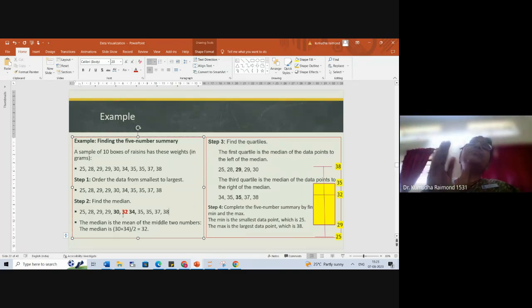So what is the first quartile? I need to take all these data points starting onto the left hand side from 32 and find out what is the middle point, that is 29. And similarly, take from after 32 till the end, find out the median value, it is going to be 35. So you are having 35 here. So overall this, and then the minimum and the maximum you already know.